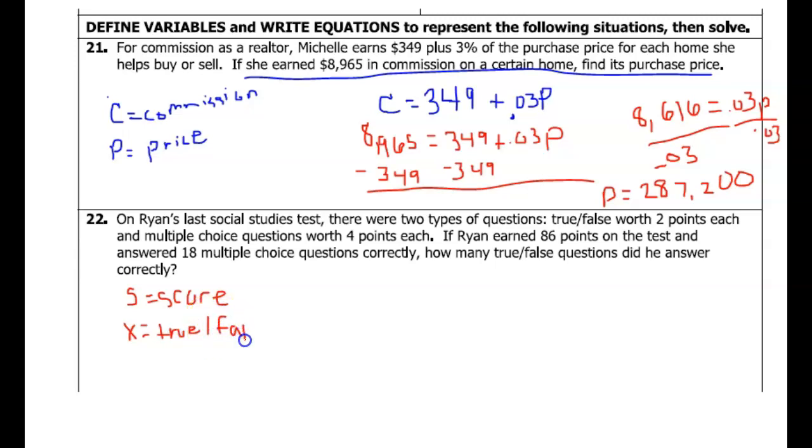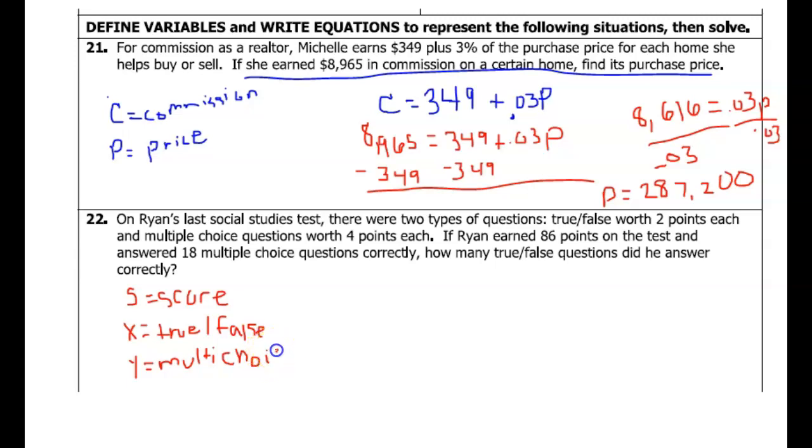And I got another variable, the multiple choice questions. I'll call those Y, multi-choice.